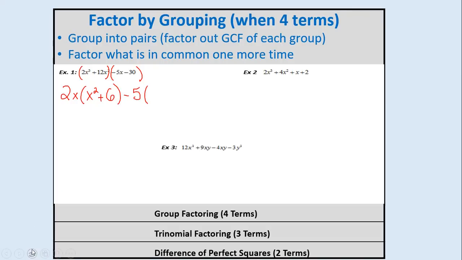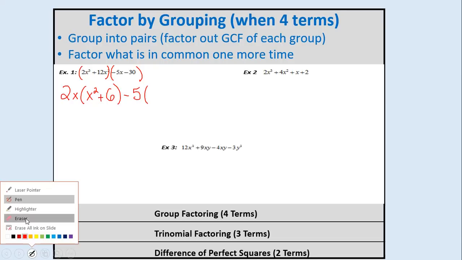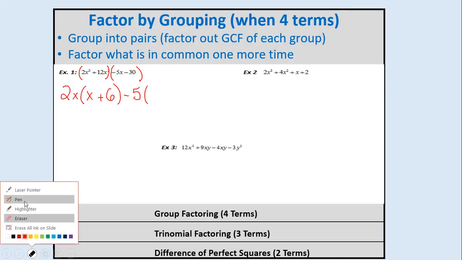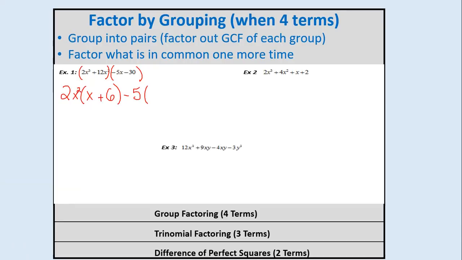Just realized we can pull out an x squared. Whoops. This should be 2x squared, because they both have an x squared in there. Didn't see that x squared. Okay. This one I could pull out an x, and x plus 6 would be left behind.